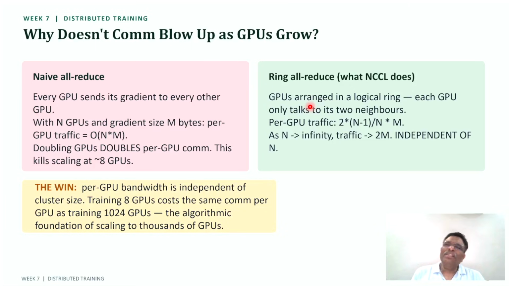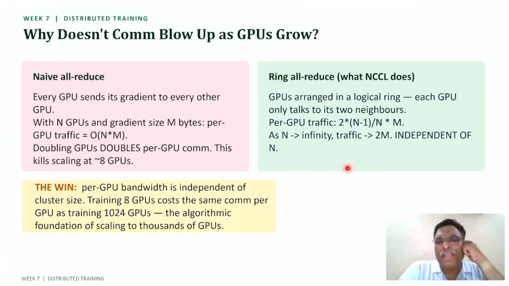It's a topological thing wherein each GPU only talks to its two neighbors, and the per GPU traffic now reduces to 2 times (n minus 1) by n times m. If you go on increasing the number of GPUs to infinity, the traffic tends to 2m. So it is independent of n. So it's very useful, right?